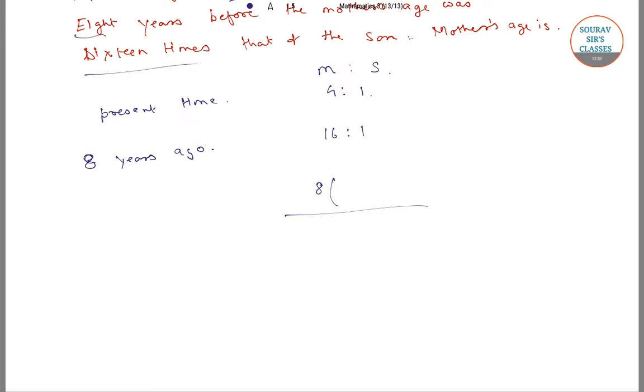Now since we have to find the mother's age, it would be 1 minus 1 by 16 divided by, but in the denominator the factors for both present age and 8 years ago would be there. So it would be 1 by 4 minus 1 by 16.